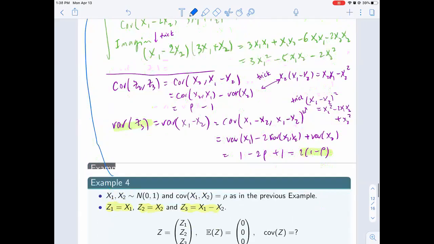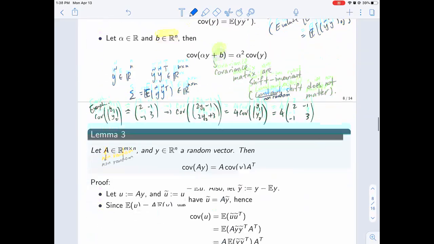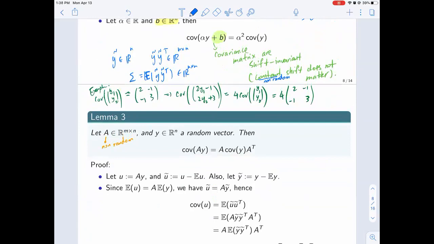If you go back to this lemma, A transpose covariance of Y times A. If you stare at this and the lemma, can you say something about this? The lemma 3, yes. That's lemma 3.